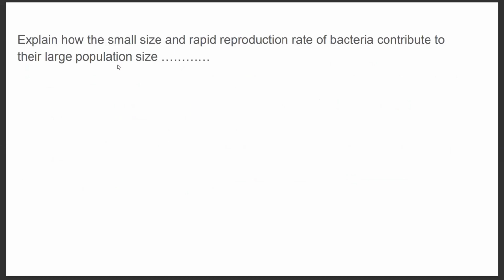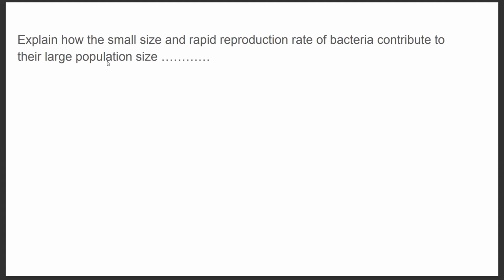Right. Now, from that knowledge, you have to answer this question. They can give this kind of question for the exam. Explain how the small size and rapid reproduction rate of bacteria contribute to their large population size. I'll give you 5 minutes.